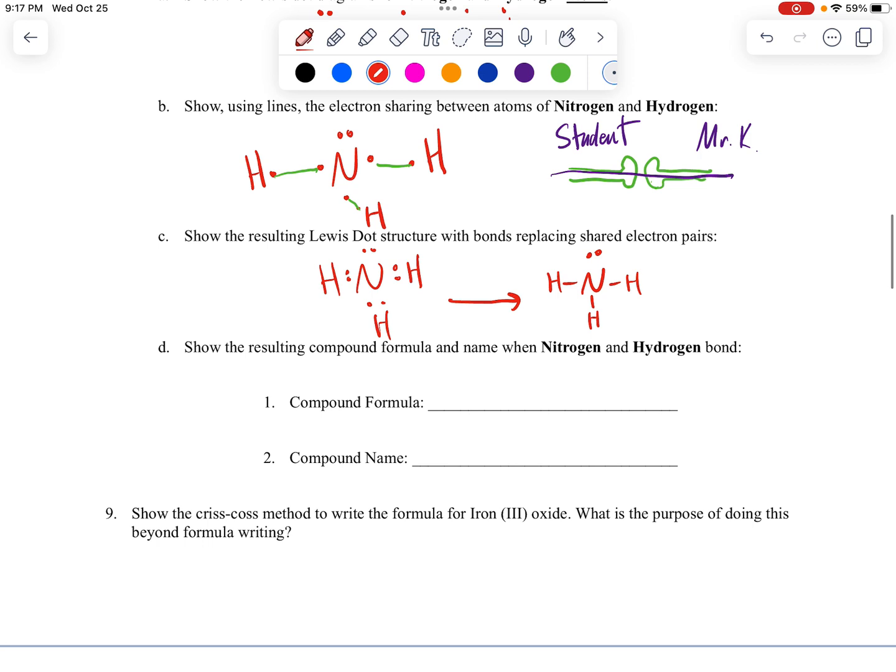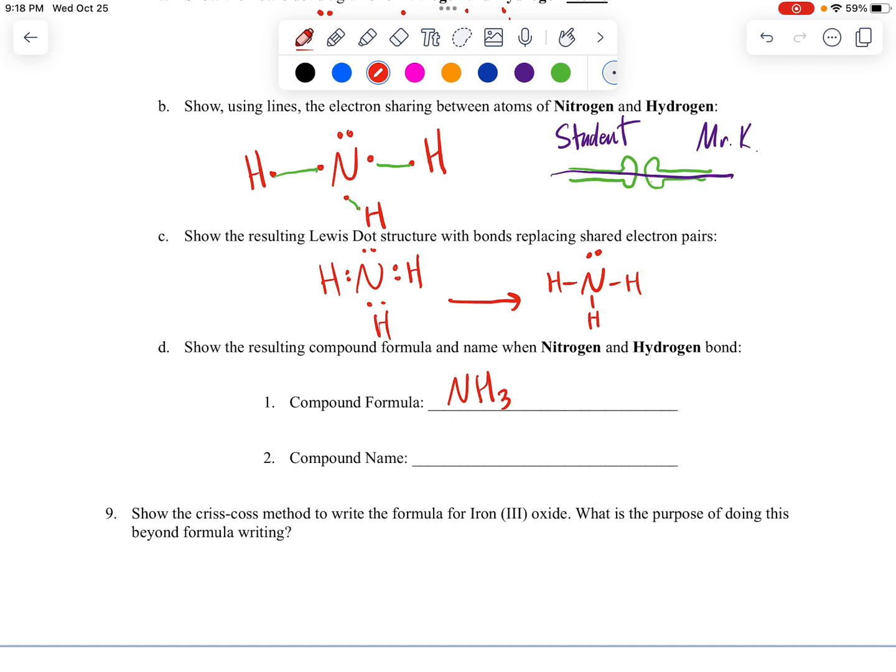Show the resulting compound formula and name when the 2 form a covalent bond. Compound name, all right. Let's go ahead and write out the formula. NH3. Now, to name this molecular compound, we have to use prefixes, but remember, if there's only one of the left nonmetal, you drop the prefix mono.